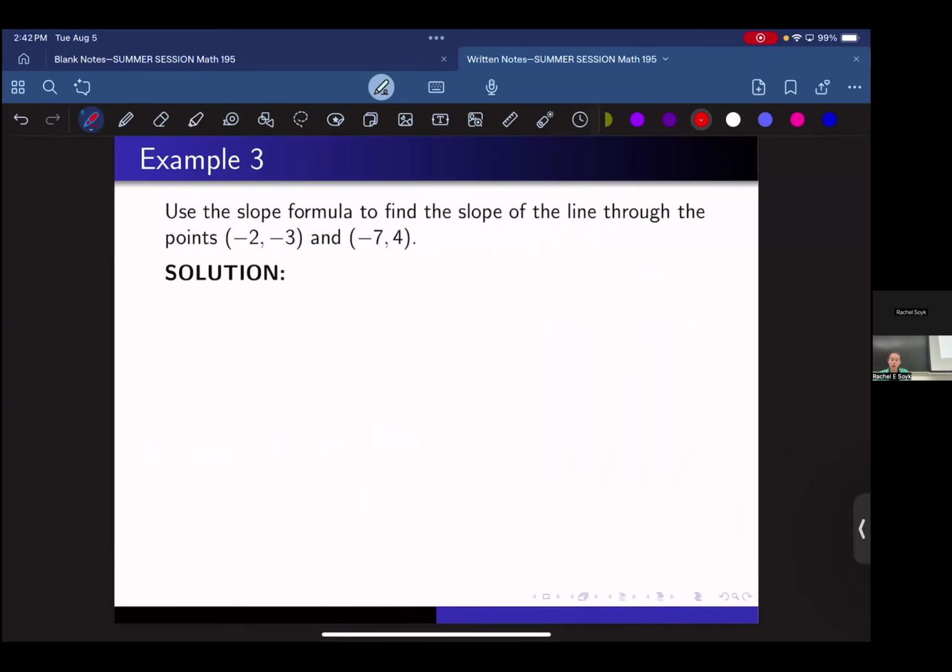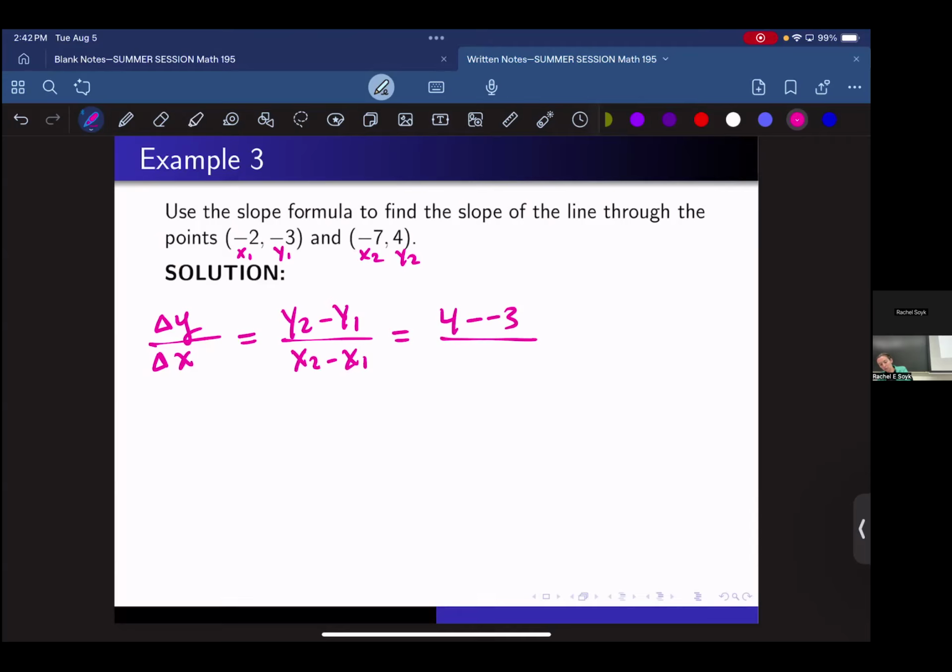Example 3. So now we're going to practice using the whole delta y over delta x, because now we don't have it visually. We are just given our first xy coordinate point and our second xy coordinate point. So difference between your y values all over the difference between your x. We have 4 minus -3 all over -7 minus -2.